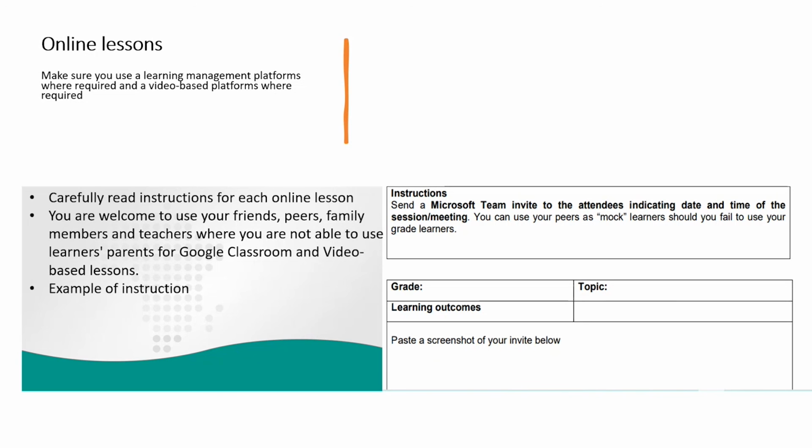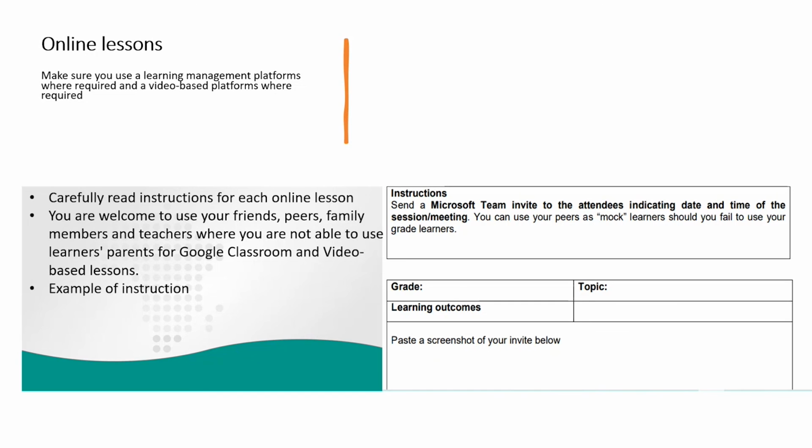When I do my screenshot, I must make sure it shows the names of the people invited to this meeting. That's what it means. You cannot just have a blank screenshot of Microsoft Teams and expect to get marks, because I don't see the attendees as per the instruction. I hope I'm clear.